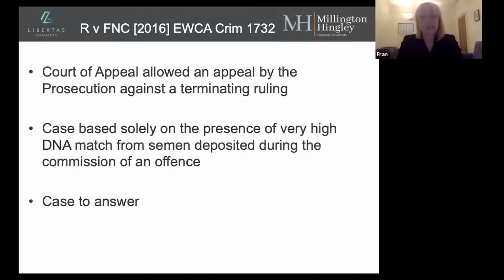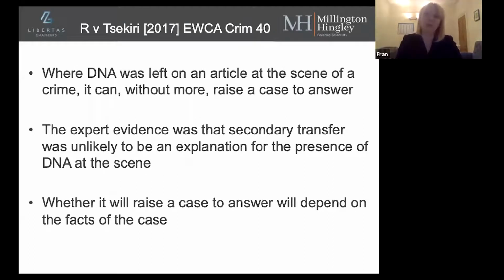That case was considered in Sakiri, which is now really considered to be the leading authority on DNA and transfer. In this case, the complainant got in her car, and once she had done, the offender grabbed hold of the car handle, opened the door and robbed her of a necklace.